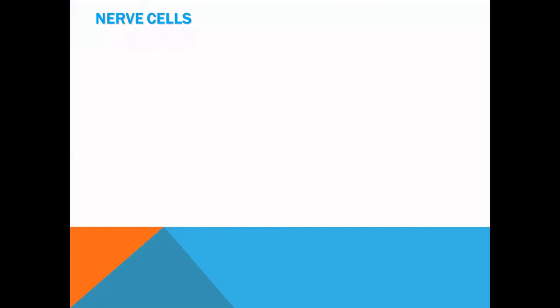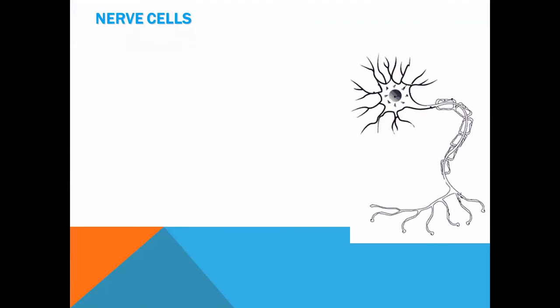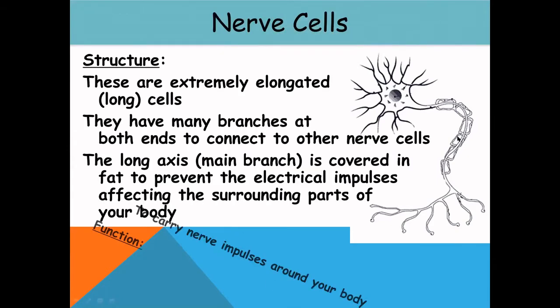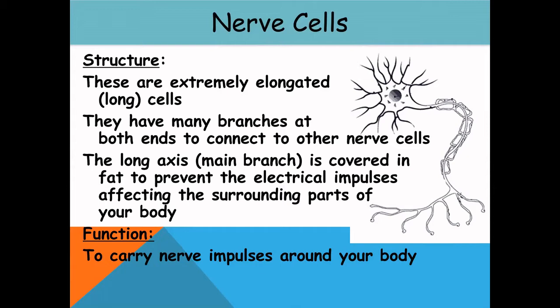Nerve cells. Where do you think nerve cells are? These are nerve cells. This is how it looks like. The one that you see in the circle, that's the nucleus, and it's very, very long. So nerve cells are extremely elongated long cells.